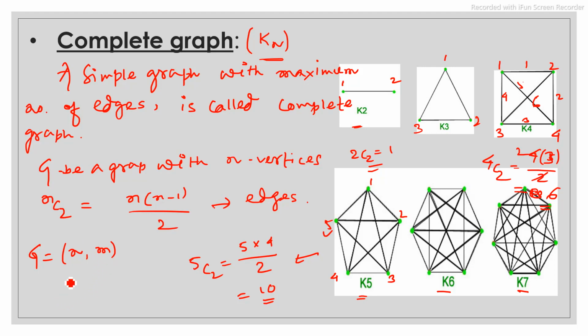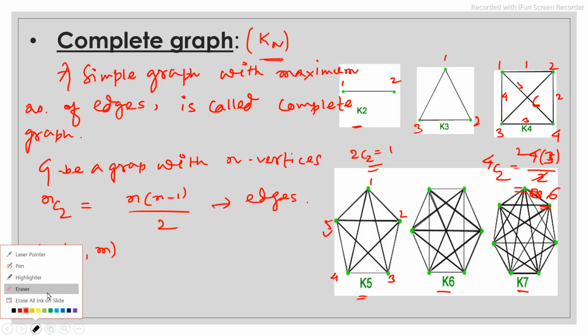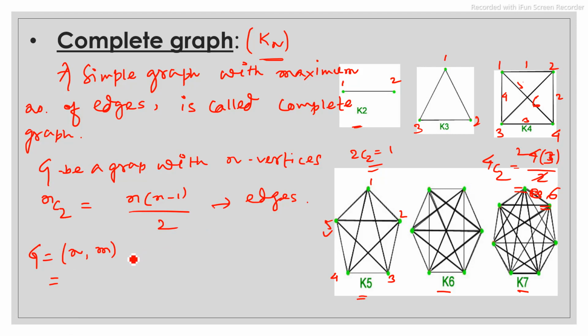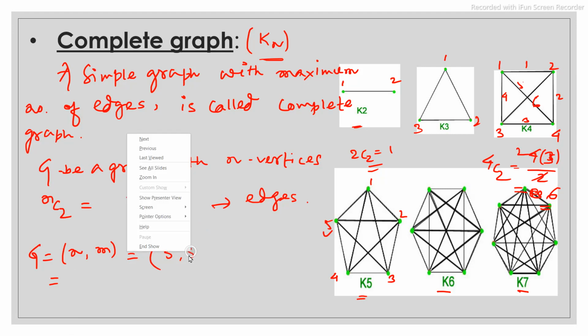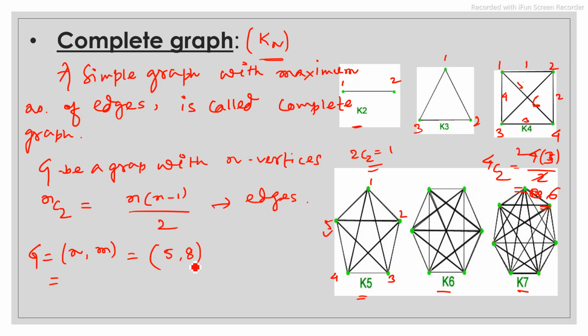Suppose the number of vertices is 5 and the number of edges is 8. That is, n equal to 5 and m equal to 8. Then is it a 3-regular graph?